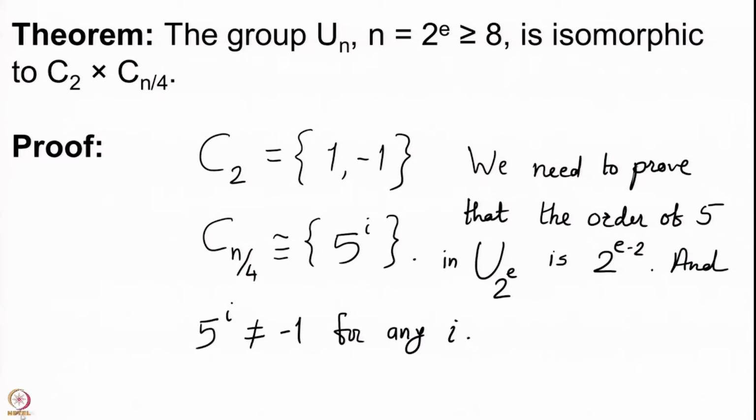When we talk about two groups being isomorphic, one group U_N being isomorphic to product of two of its subgroups, this is what is called the internal direct product. You have one group, a finite group preferably, which we have here, and then there are two subgroups sitting in them.